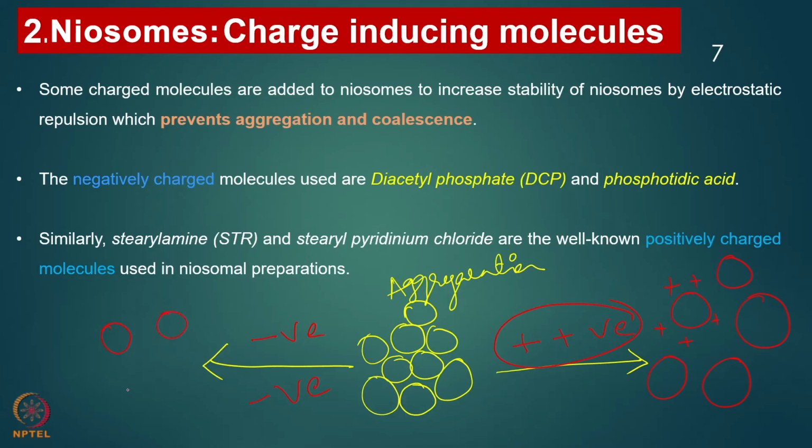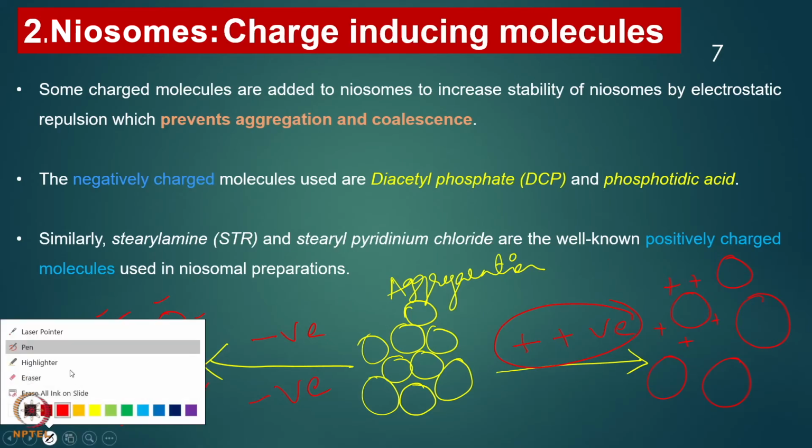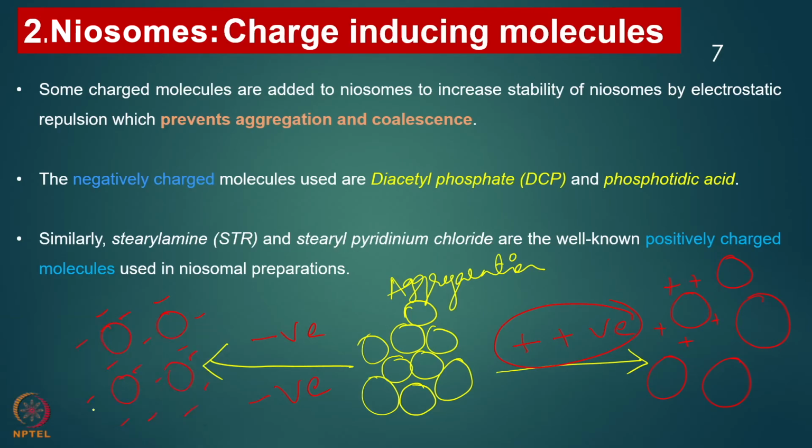In this case also we can see, after modifying the charge, the particles will not aggregate because of the repulsion between the two particles. So, that is why we need to use charge inducing molecules in the niosomal formulations.